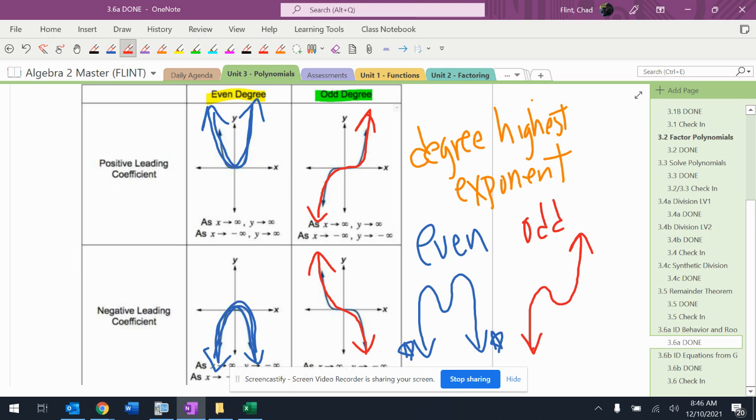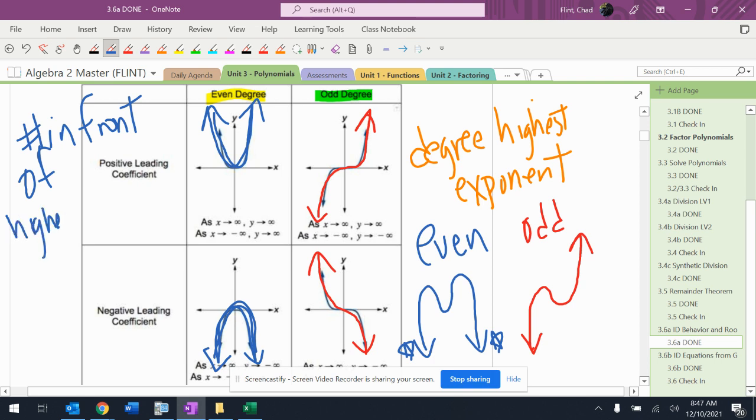The second part is the leading coefficient, and that means the number in front of the first term, or we have to be careful here, I'm going to write the highest exponent term. All right, so that's what a leading coefficient is, the number in front of the highest exponent term.